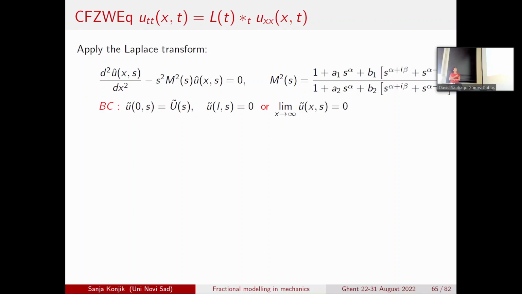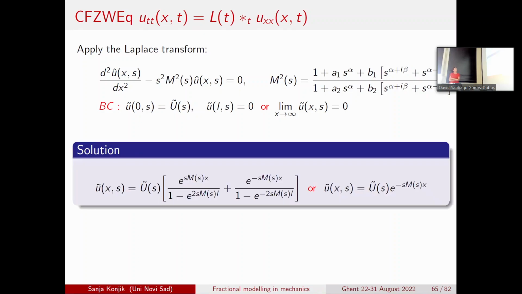And then we immediately can formally solve this equation and obtain the Laplace transform of our solution u. And then, again, as before, the question would be how to go back. So, to check whether we can apply the inverse Laplace transform, and if yes, can we explicitly calculate that inverse Laplace transform and obtain our solution in analytical form.